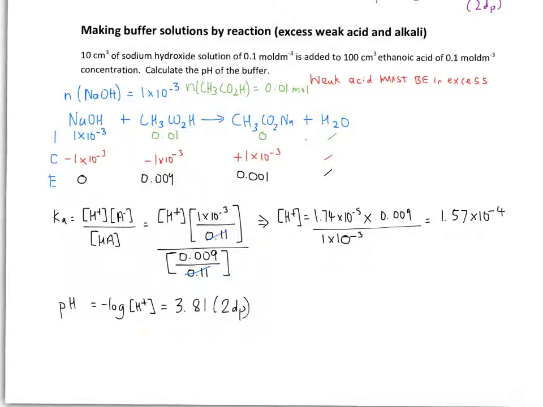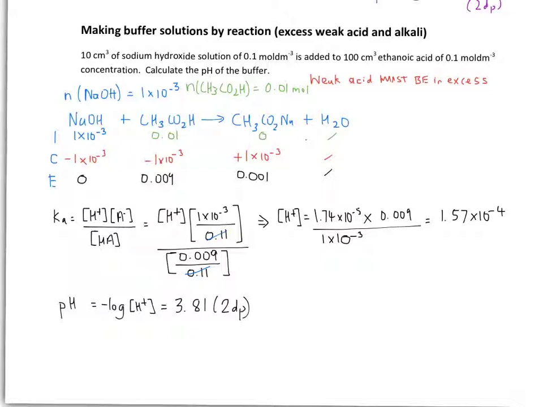And then, like above, we put those values into the equation. Ka expression written there. Salt moles, acid moles, and then I've got the volume here. Now 0.11 is the total volume of solution, which is 100 cubic centimetres of acid and 10 cubic centimetres of sodium hydroxide, hence 0.11 dm cubed. However, they cancel, the volumes are the same, so there's no need to calculate the concentration.